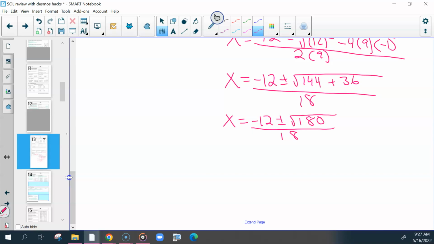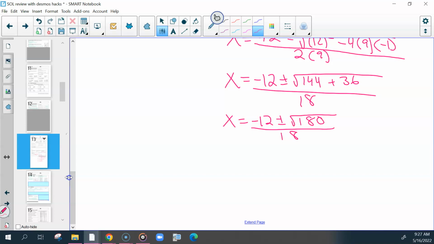Think about the highest perfect square that goes into 180. 4, 9, 25, or 16, 25, 36, 49, 64, 81. It has to be perfect squares.